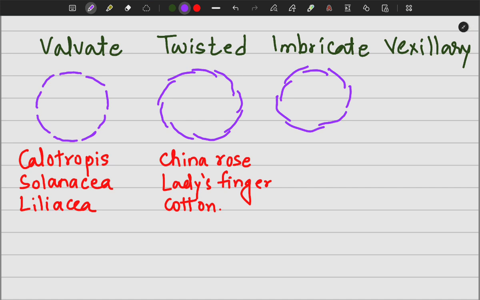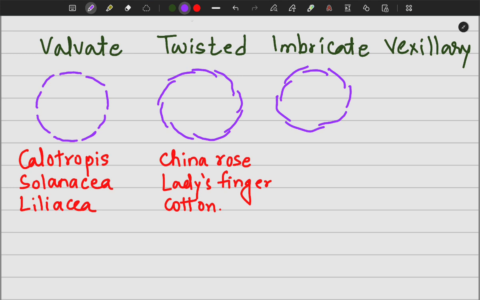In twisted, the overlapping is only in one direction, but in imbricate, it is in a random manner, and such arrangement is called imbricate aestivation.